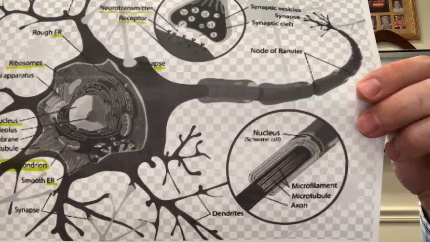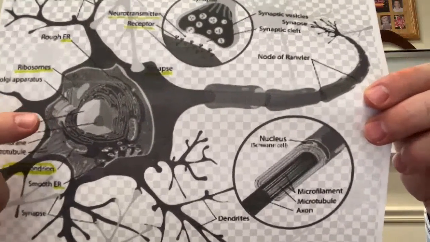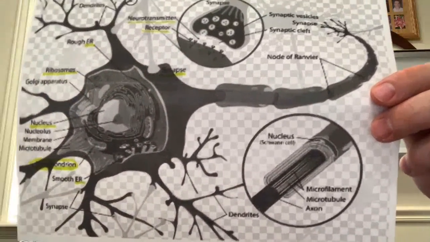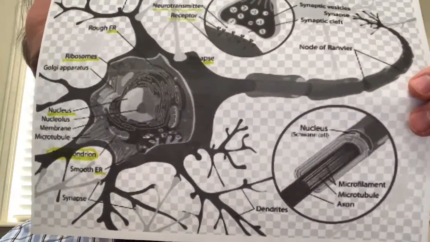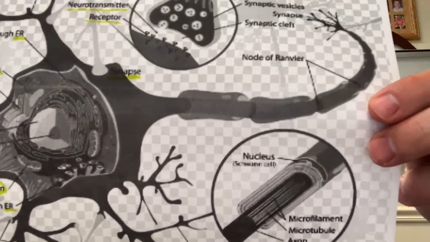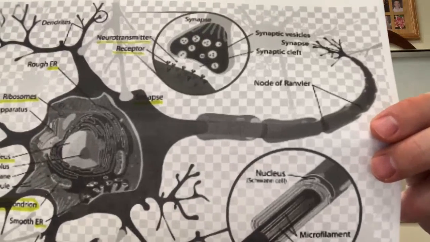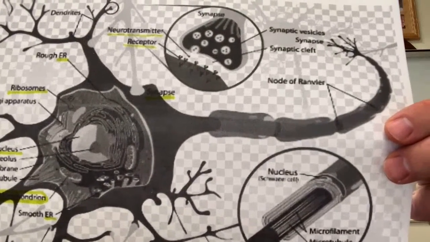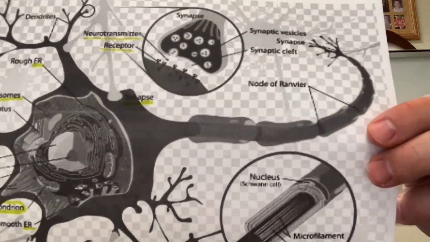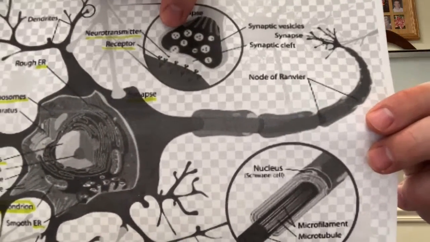Then you've got the Golgi apparatus over here. If you remember, they all have their distinct parts and very similar functions in the nerve cell. The difference is that some of the proteins and lipids being created are the neurotransmitters.